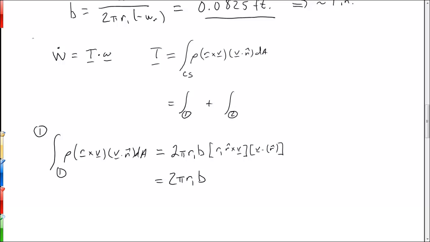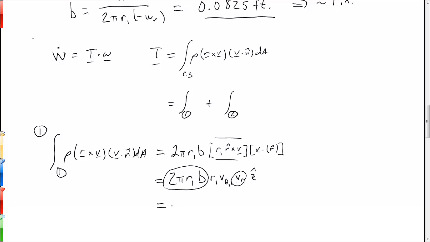For v we only need the theta component. R cross v gives us a z, so we get r1 times v theta, and I'm going to put a comma 1 here because we're still talking about the inlet. And then here we get v dotted with r, so we're just going to get a vr out of that, and all of that has a z hat component because of our cross product. We already know most of these, but we can write the area and VR.